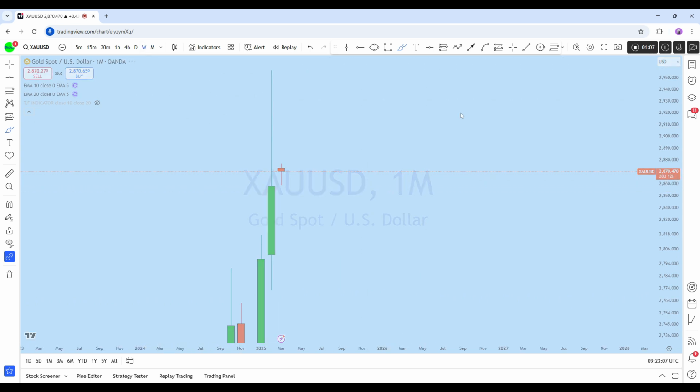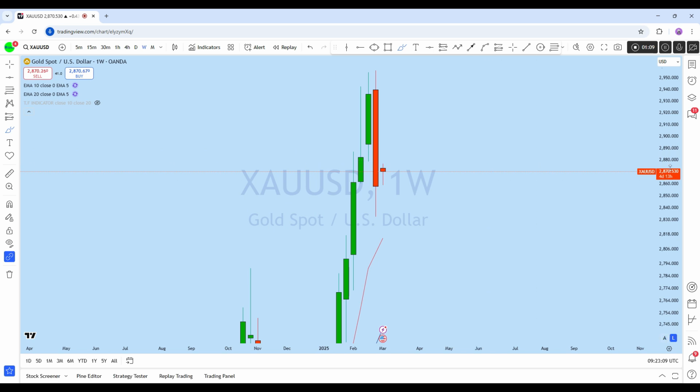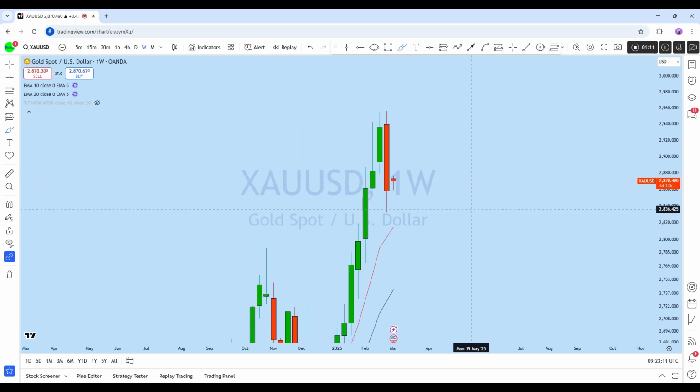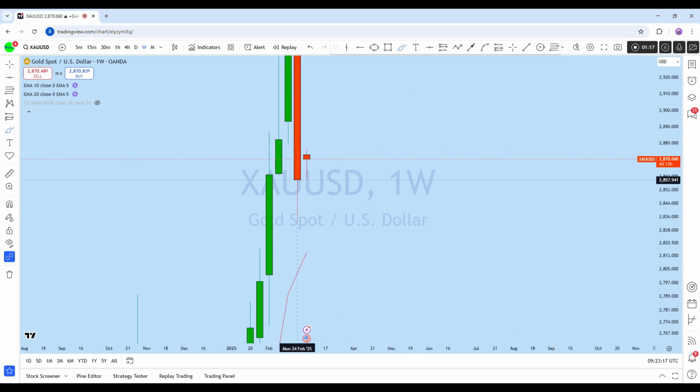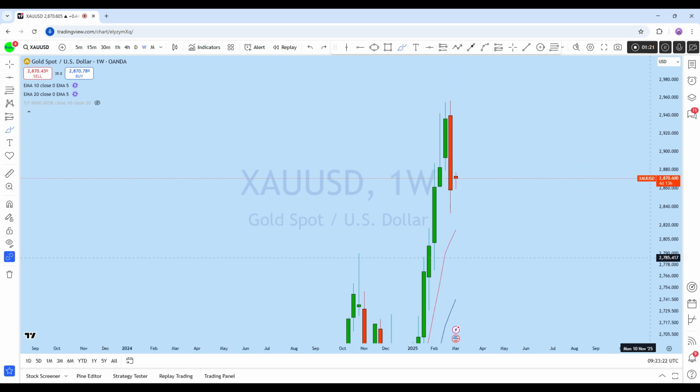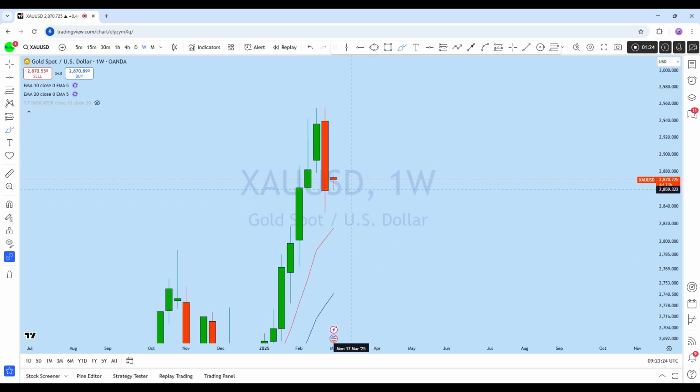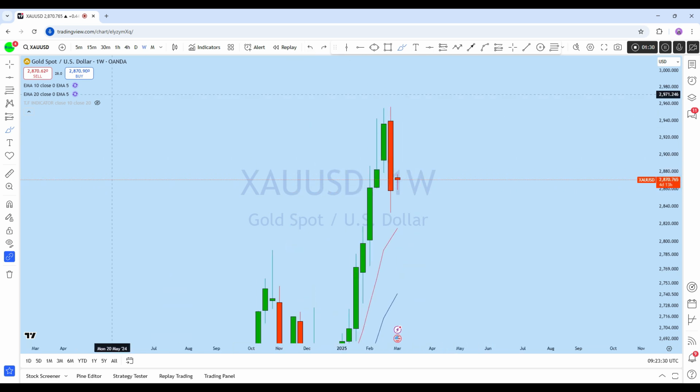Let's look at the weekly chart to see the overall picture in this market. From the weekly we can see that this is the weekly bearish engulfer here, and this week the market opened with a gap again. With that gap open, the price initially dropped to that support, and now it is pushing up again for a deeper pullback.